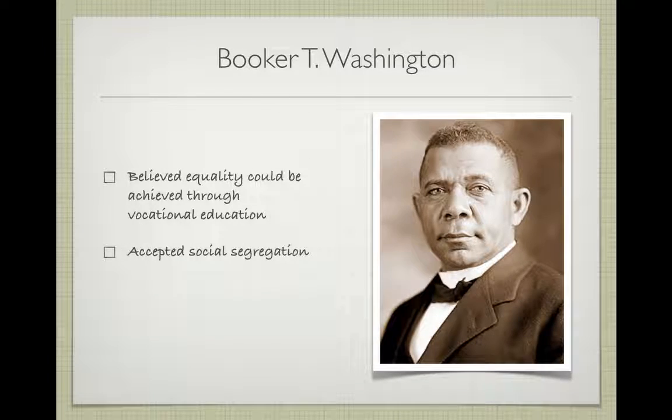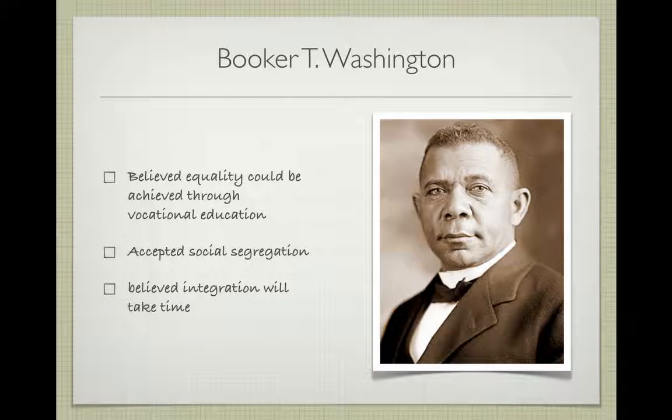But in the time being, though, he said that they can't fight against segregation. It's there, and it's going to take time. And for now, you got to accept social segregation until society can see that African Americans are helpful for the public. And at the time being, people didn't think, especially those in power, did not believe so.